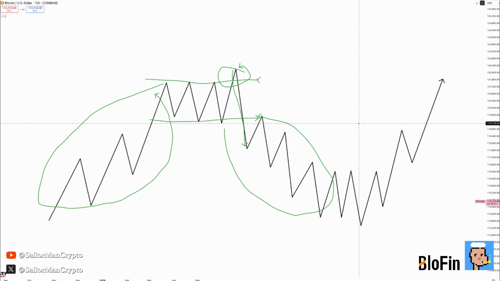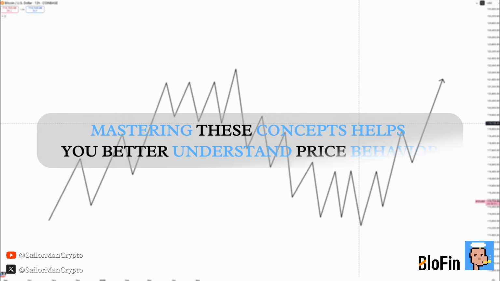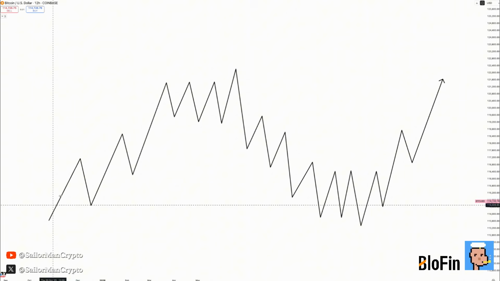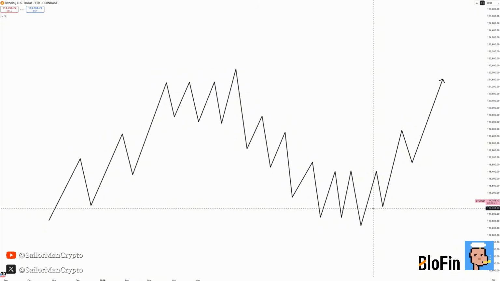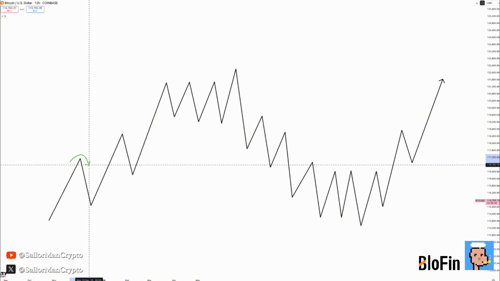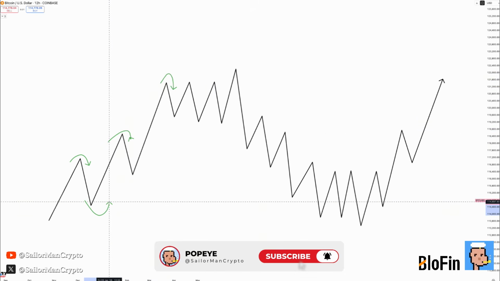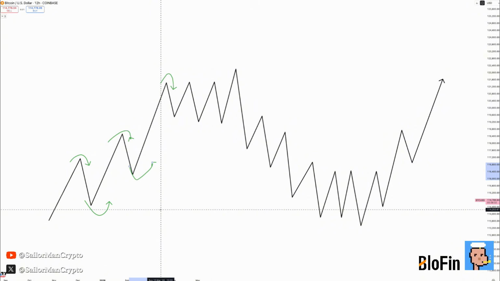So why do you have to master this concept? Because we have to understand what the price is doing. So when we are uptrending and when we are downtrending, there is no confusion, because the uptrend is an uptrend and the downtrend is a downtrend. So very simply put, an uptrend is a series of higher highs followed by a series of higher lows.